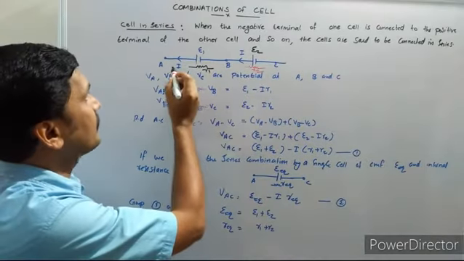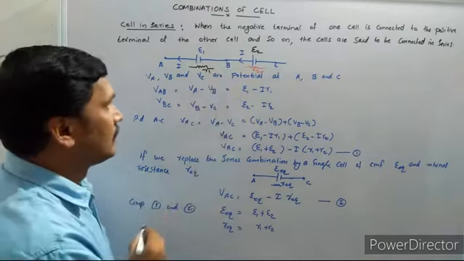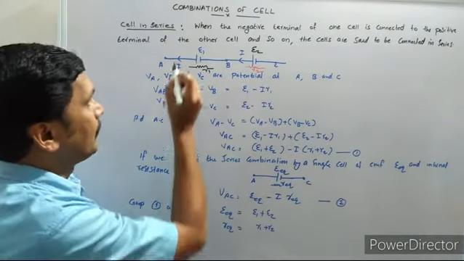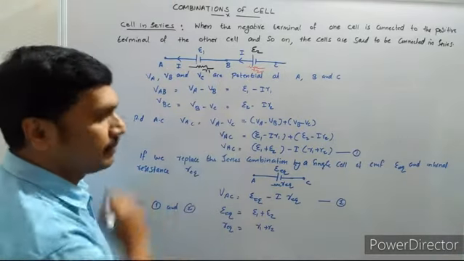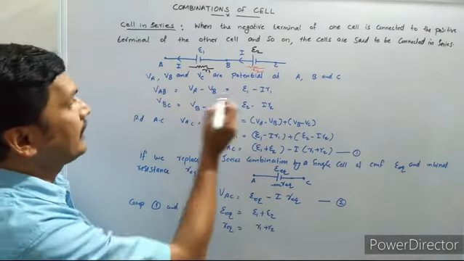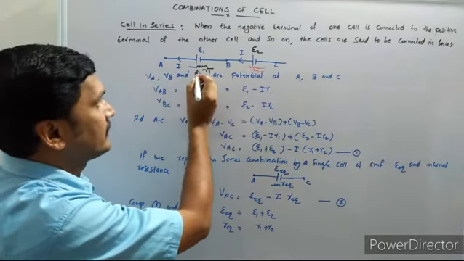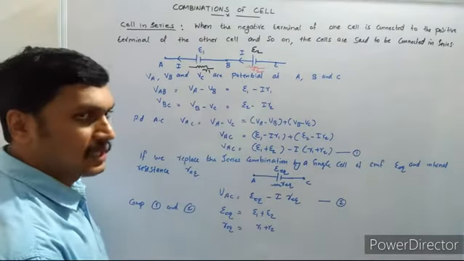Now first find the potential difference between the two points A and B. The potential difference between A and B can be written as the potential at A minus the potential at B, that is VA minus VB. That is the terminal potential difference. Because of the internal resistance, some potential will drop across it.